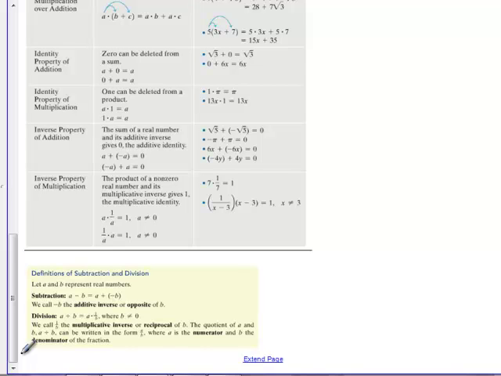Let's see, what else? Oh, I'm going to mention this. Subtraction is the same as adding the opposite. It depends how you learned to subtract as to whether you're happy with that explanation. Some people were taught that if you have 3 plus 2 minus 7, you should rewrite that as 3 plus 2 plus negative 7.